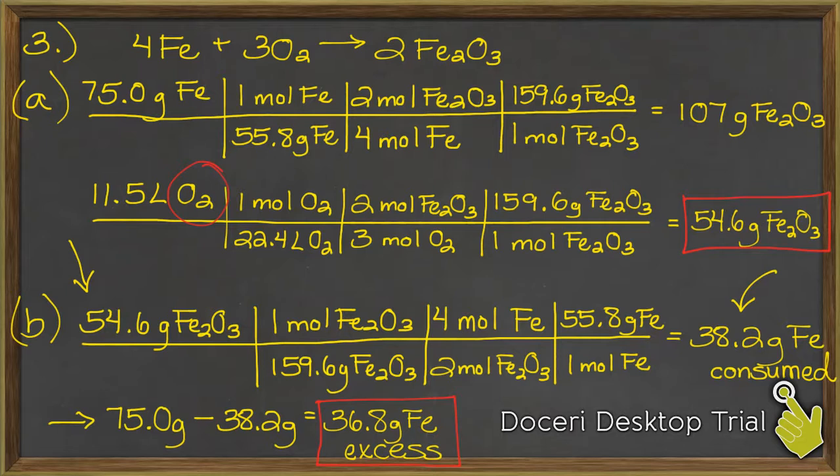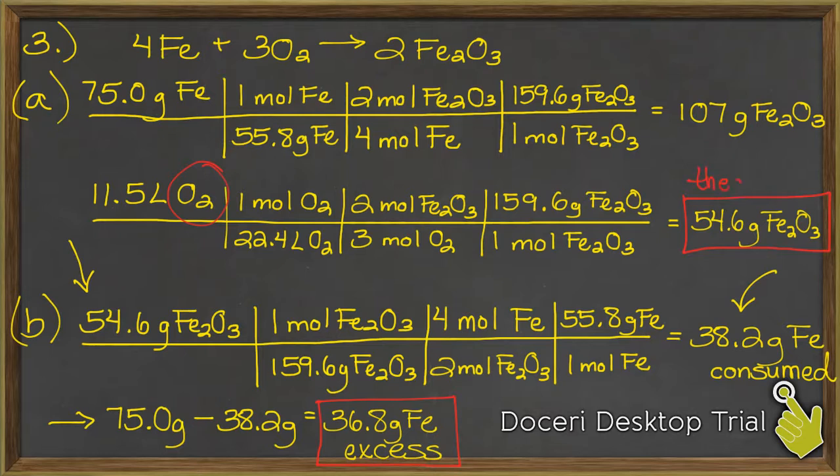Now, letter C we've actually already solved. Letter C says calculate the mass of iron oxide produced when the reaction proceeds to completion, and in parentheses it says theoretical yield. Well, guess what, guys?